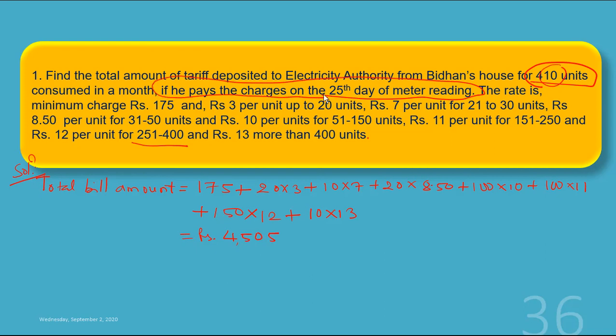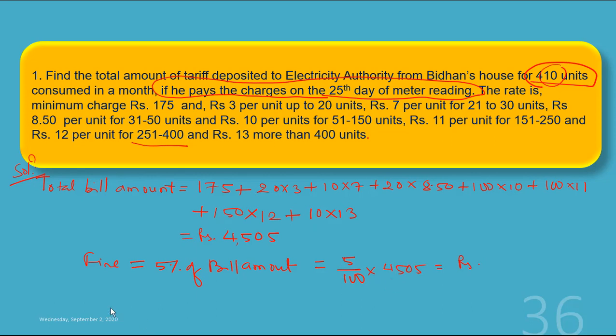Fine equal to 5% of the bill amount, equal to 5 by 100 times 4505. What is the fine amount? 225.25.